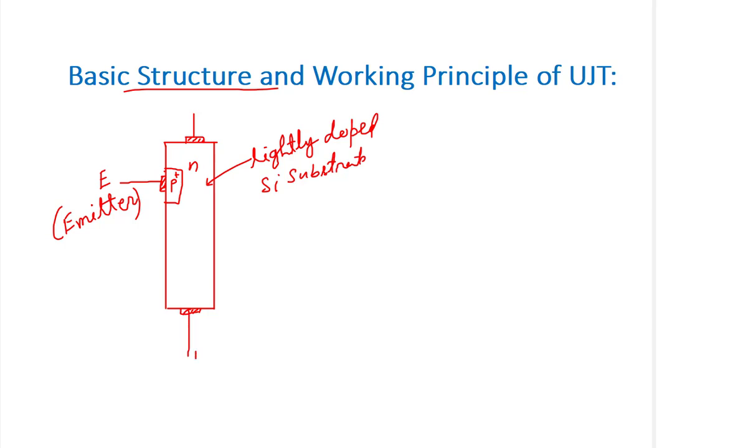This one is base 1 terminal, and this is the base 2 terminal. This is the basic construction, the basic structure of the UJT.